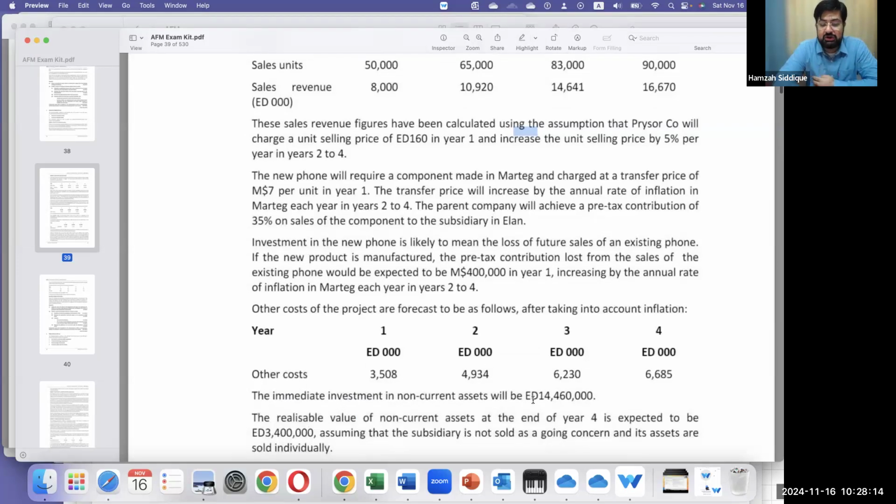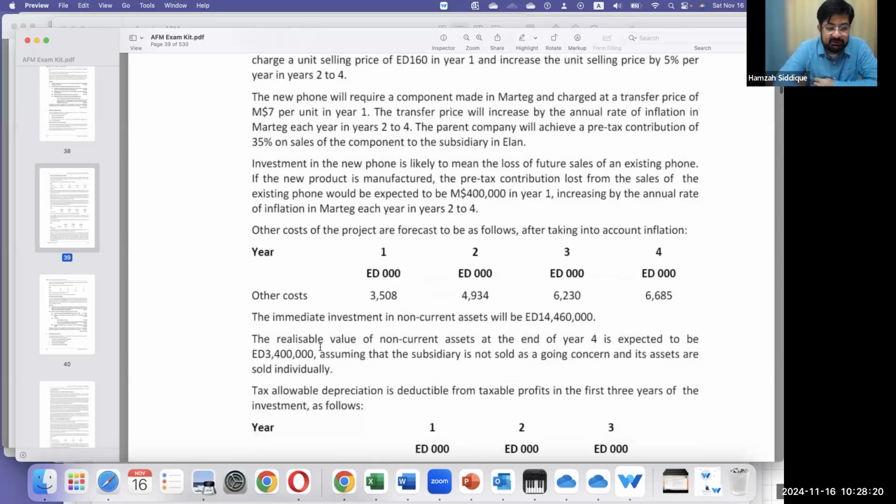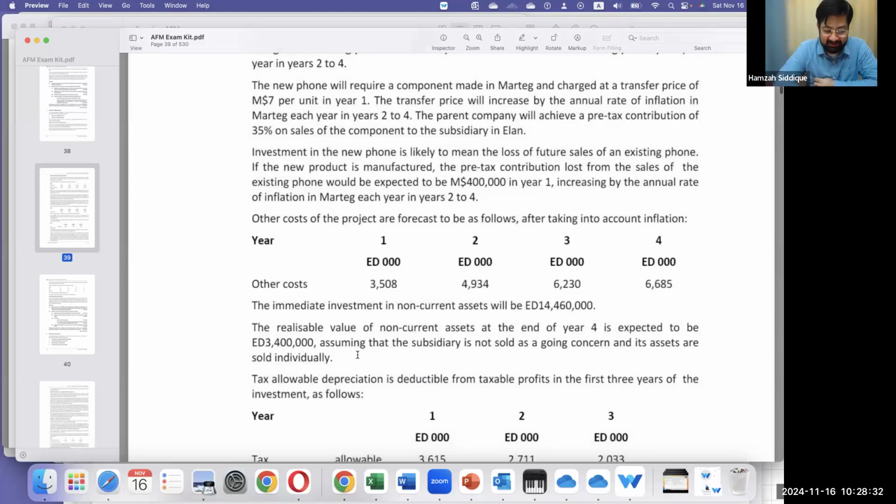Immediate investment in non-current asset will be ED. This is currency of Elan. The realizable value of non-current asset at the end of year 4 is expected to be this, assuming that subsidiary is not sold as going concern. Another assumption. Okay.